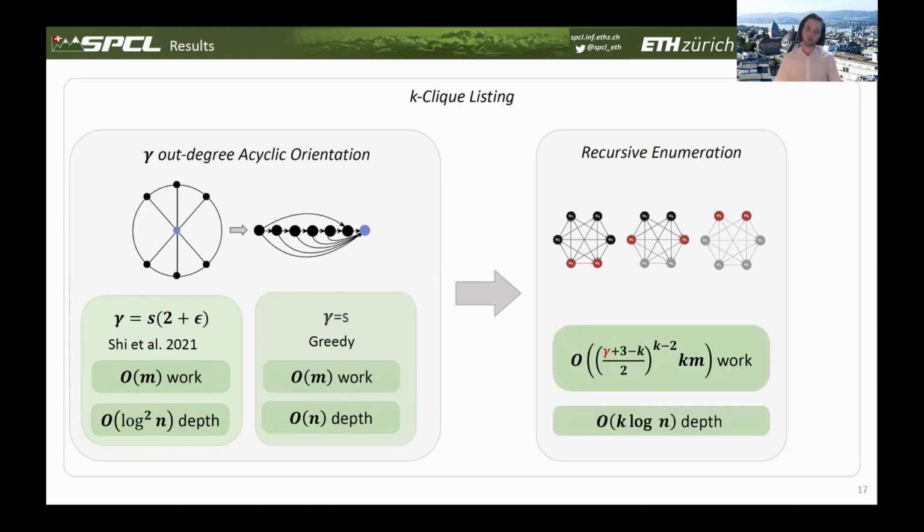And then for either of those two choices, we get bounds for the recursive enumeration, where you can see that the base of the exponent depends on this out degree of the acyclic orientation. Now, next, I will focus on this recursive enumeration.